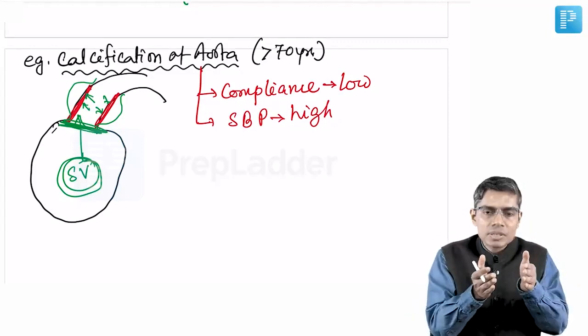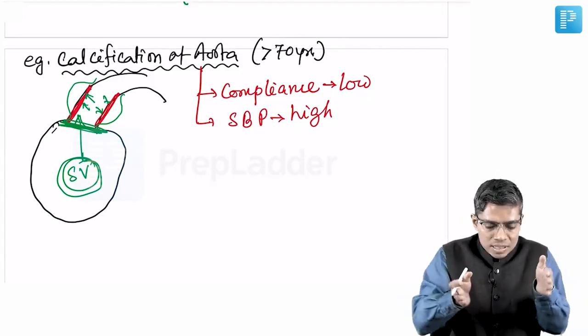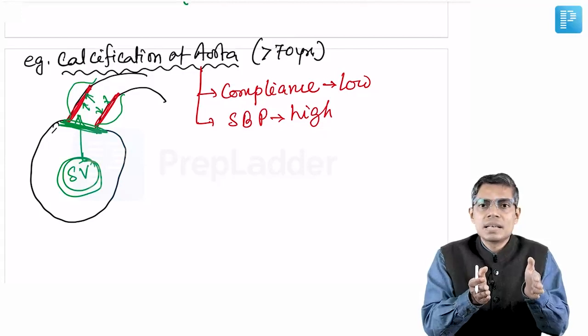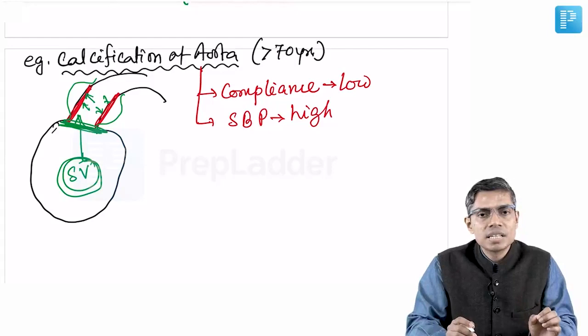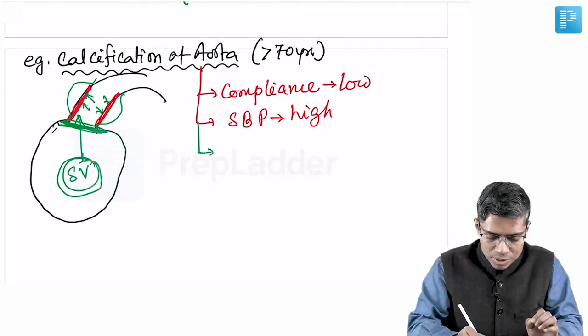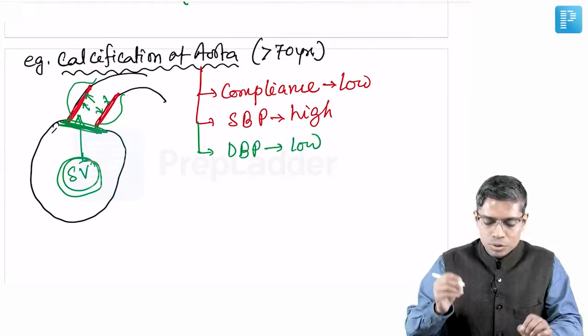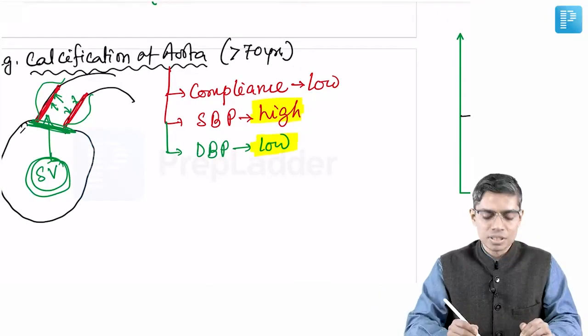If I ask you what will happen to the elastic recoiling force, it is not expanding, so obviously the elastic recoiling force will also be less. And I told you, the more the elastic recoiling force, the more is the diastolic blood pressure. Because the elastic recoiling force is less here, diastolic blood pressure will be low here. So your systolic blood pressure is very high, your diastolic blood pressure is low.